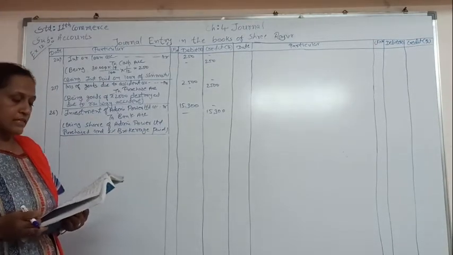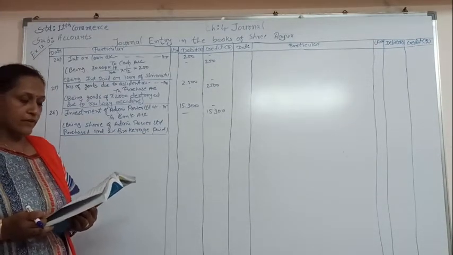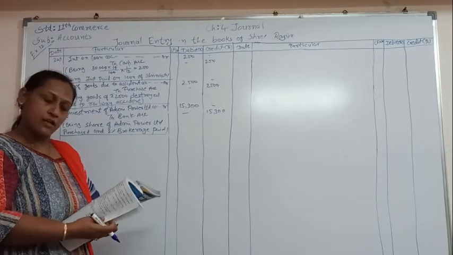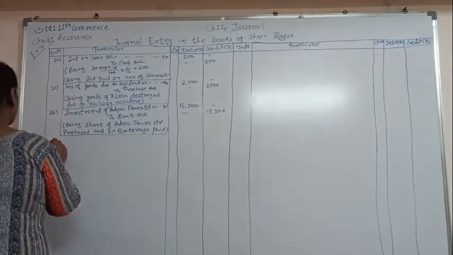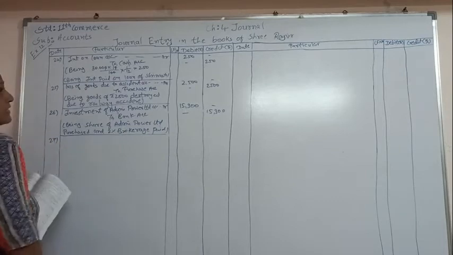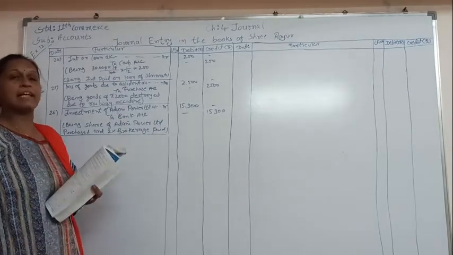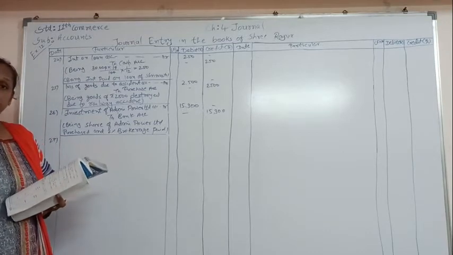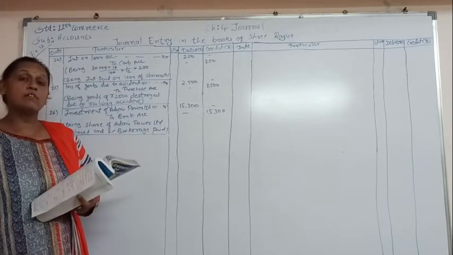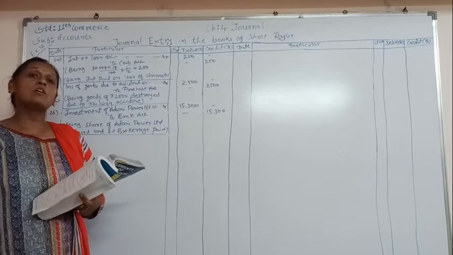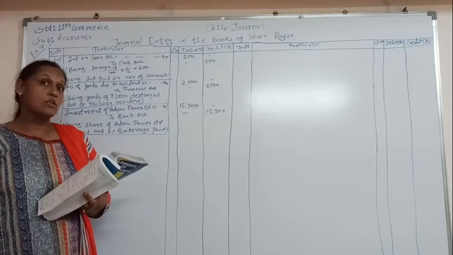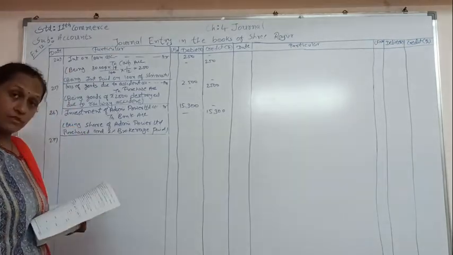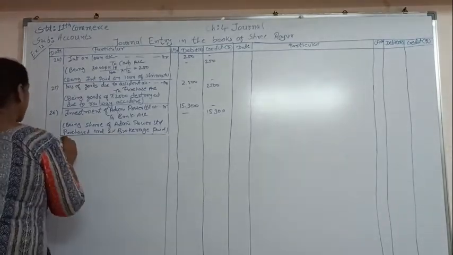A computer of business of 2,500 sold to Karuna at 1,000. So here the computer of the business, that is an asset, and when we are selling an asset, the asset account is going to be credited, and Karuna is the taker of that computer. So Karuna is a receiver, so her account is going to be debit.